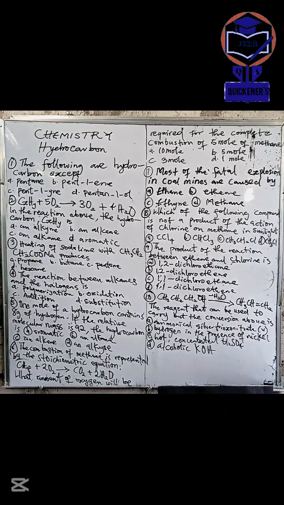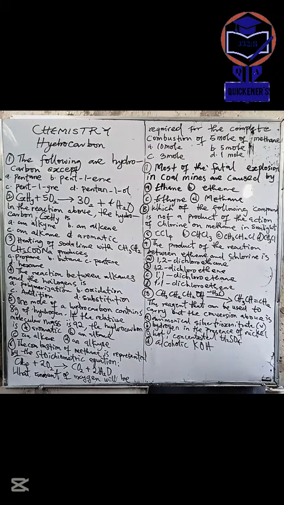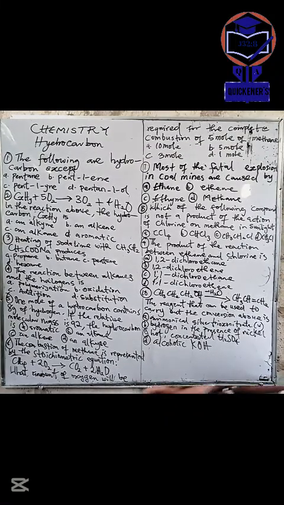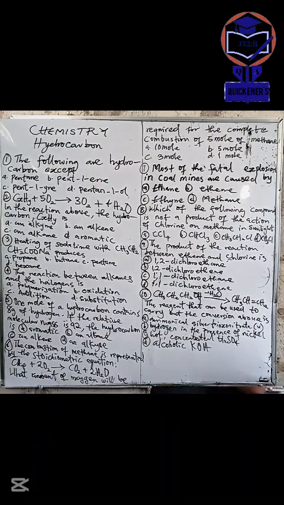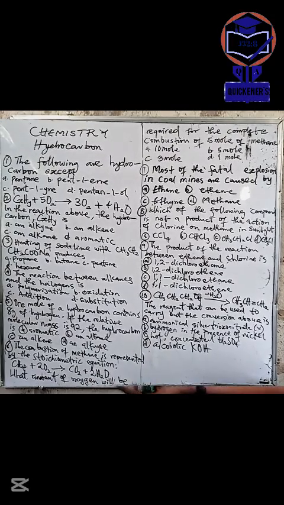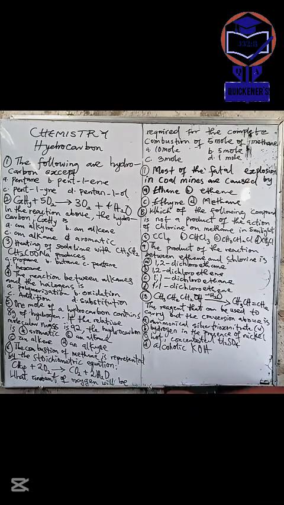The following are hydrocarbons except. Hydrocarbons are compounds of hydrogen and carbon. So pentane is 5 carbon and 12 hydrogen. Pentene is 5 carbon and 10 hydrogen. Pentyne is 5 carbon and 8 hydrogen. So this one is pentanol.